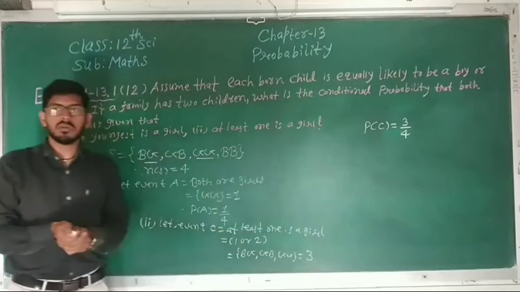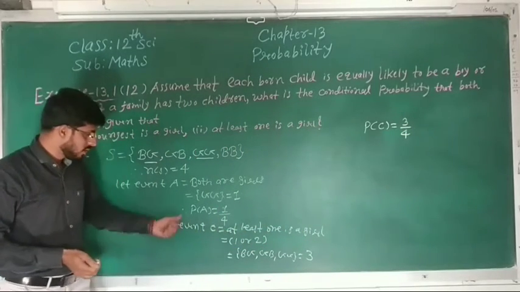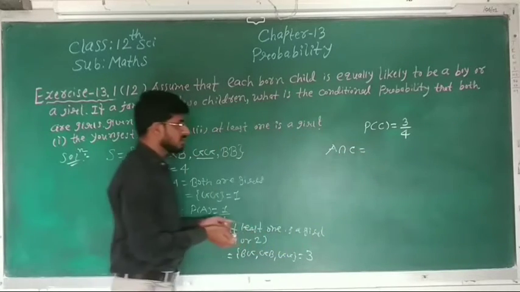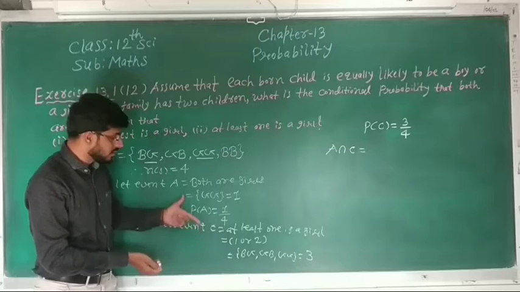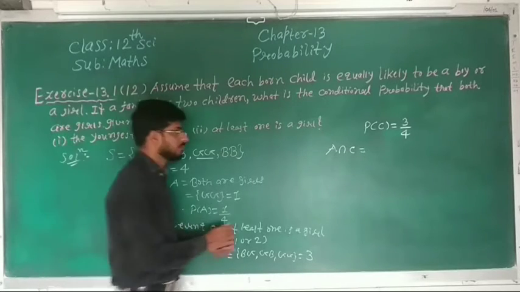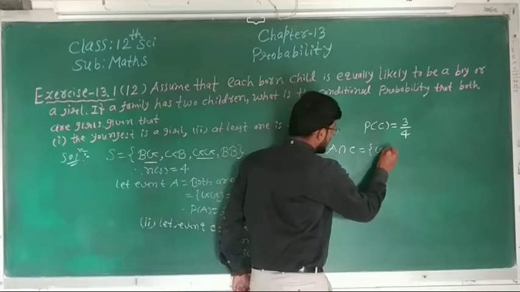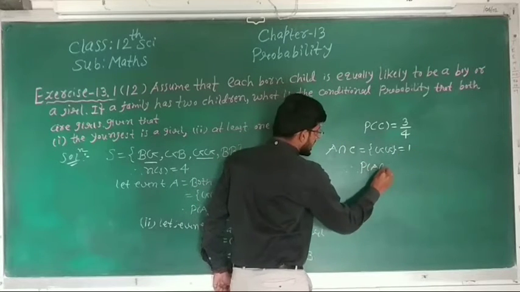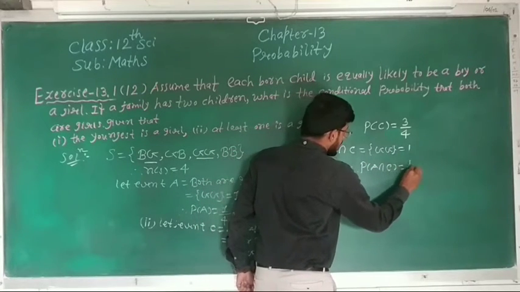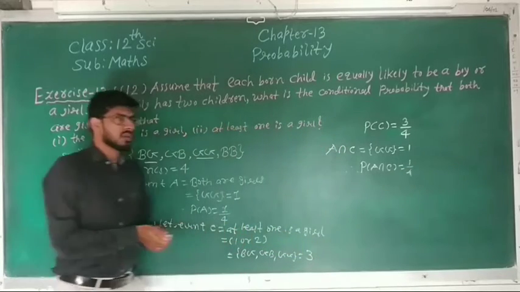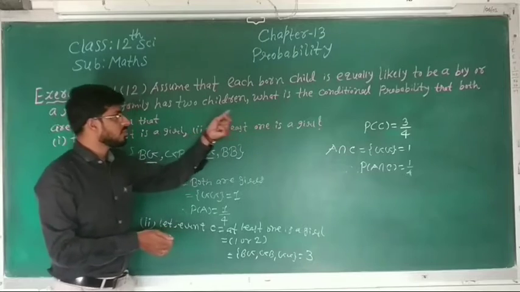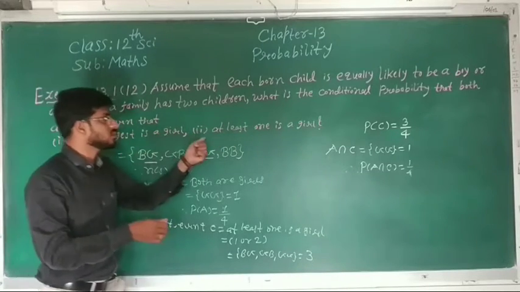Also we have to find A intersection C. Which one is common from both A and C is GG. So we can write 1. Therefore P of A intersection C is equal to 1 by 4. Now use conditional probability and find the probability that both are girls given that at least one is a girl.